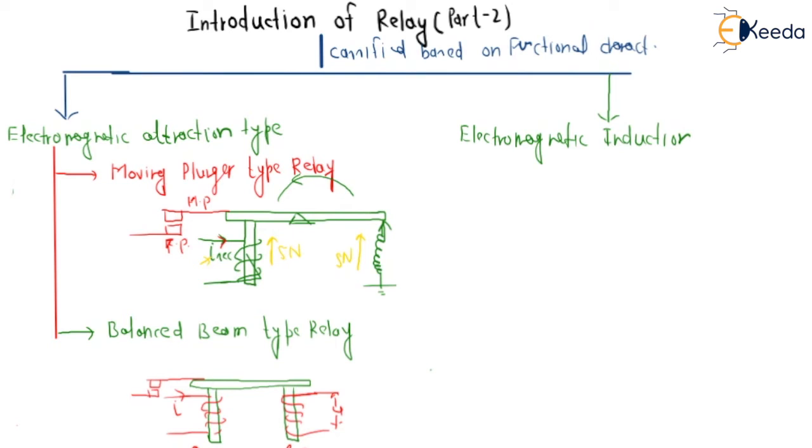When the operating torque is greater than the restraining torque, the beam moves to this side. When the fault occurs, this current becomes greater, and this pulls the circuit breaker off. So this is balanced beam type relay.